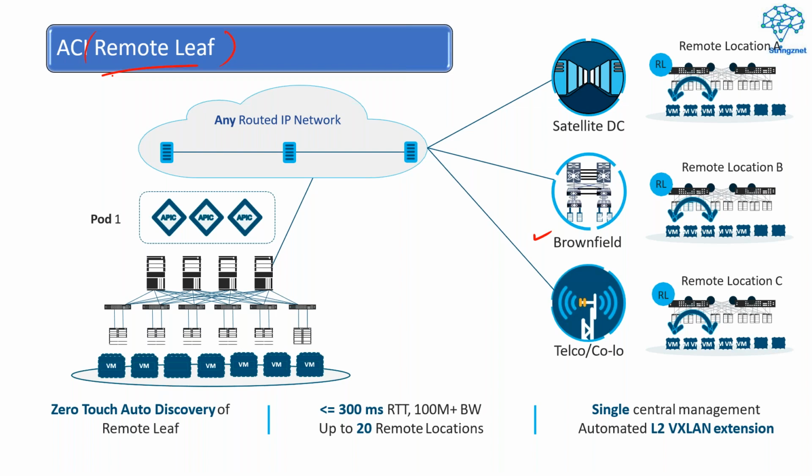Normally our spine switches are connected to the local leaf switches. Starting from version 4.2 in our APIC controller, Cisco provided the functionality of remote leaf connectivity, which means that our spine switches can now be connected to the remote leaf switches of a different geographical location.